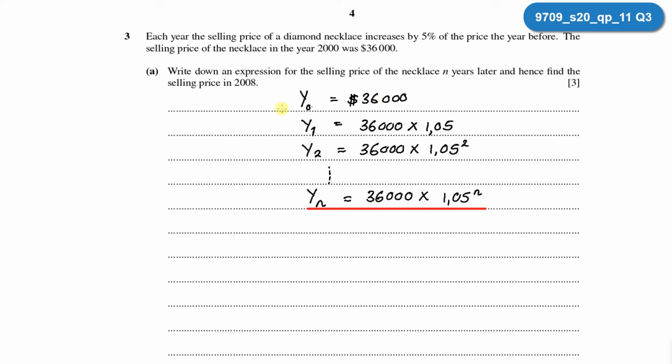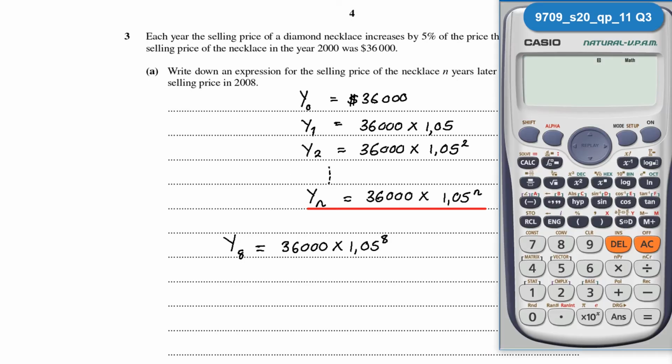Again, the question says, hence find the selling price in 2008. So in 2008, that'll be 8 years later from 2000. So that'll be Y8. So n is equal to 8. So this will be 36,000 multiplied by 1.05 to the power of 8.